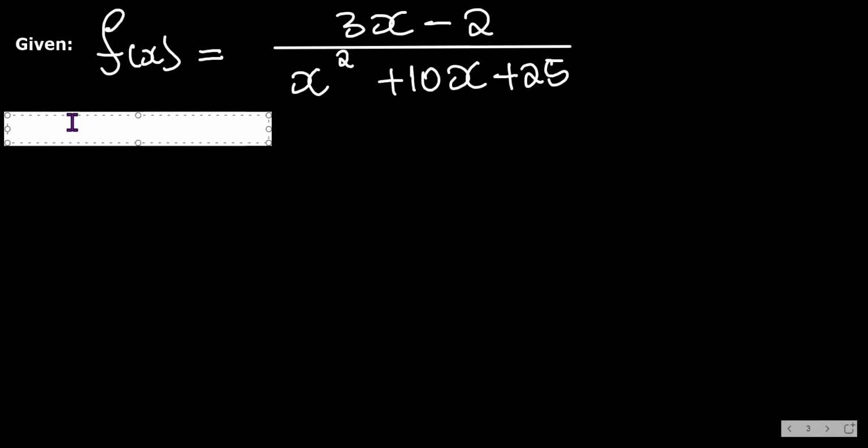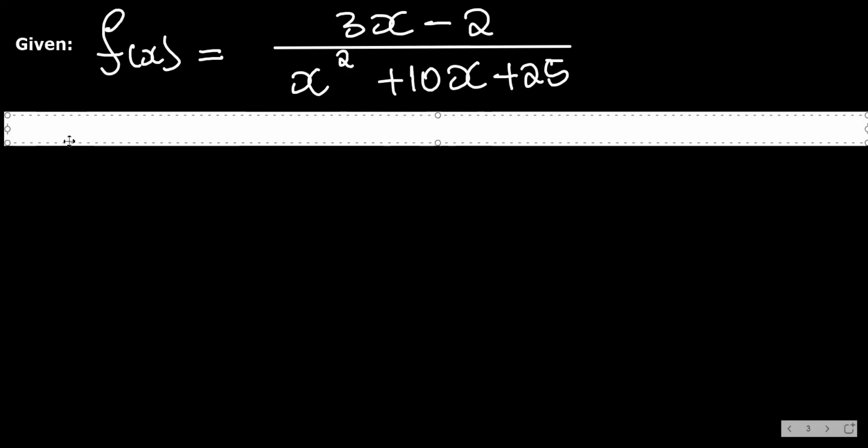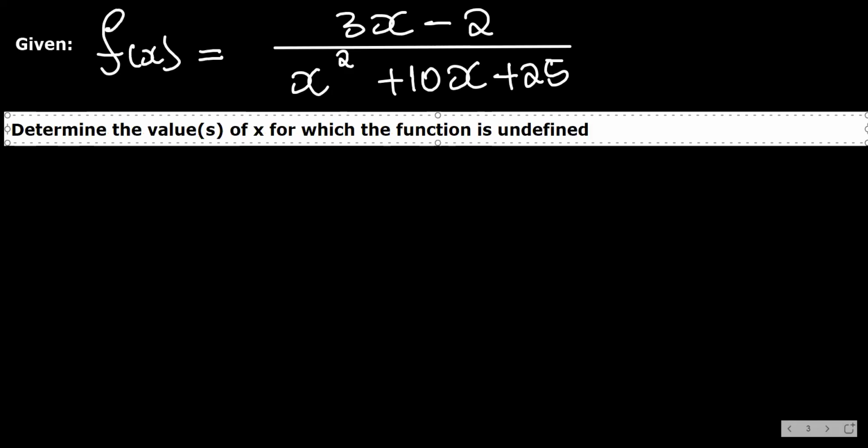The question here is saying, determine the value or values of x for which the function is undefined. That is what they're saying. For which the function is undefined. That's what the question is saying.